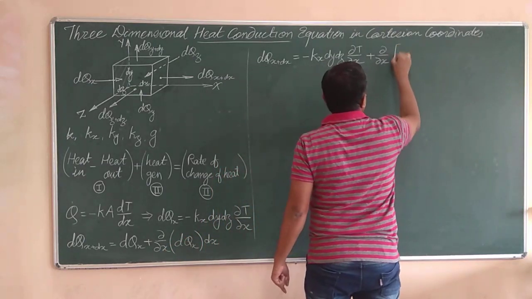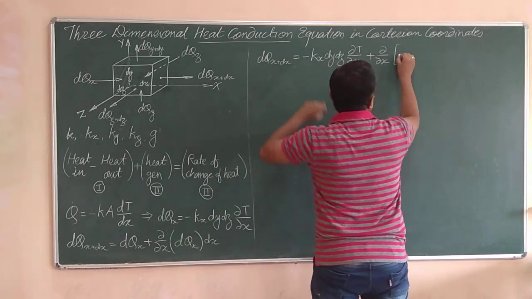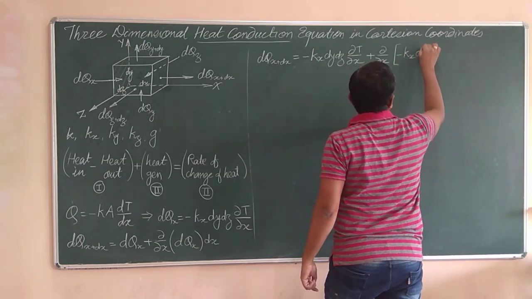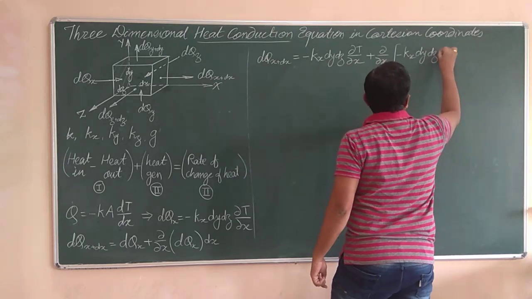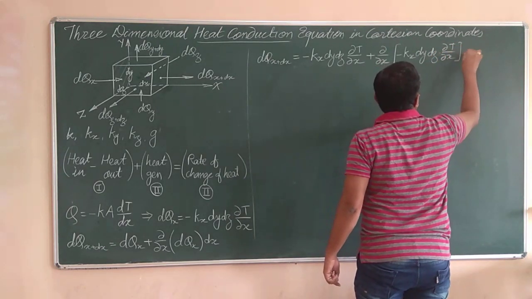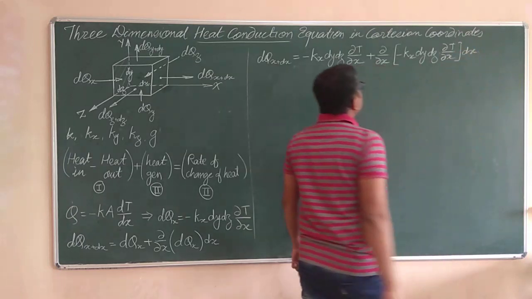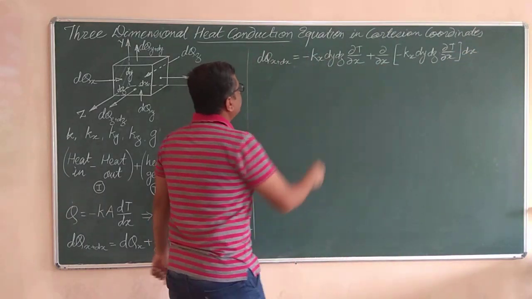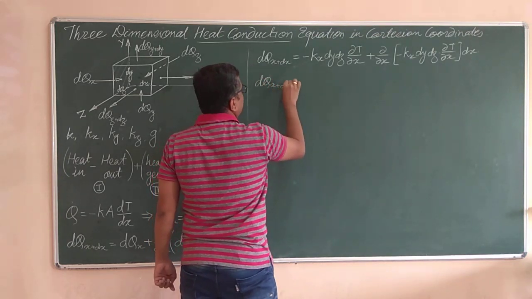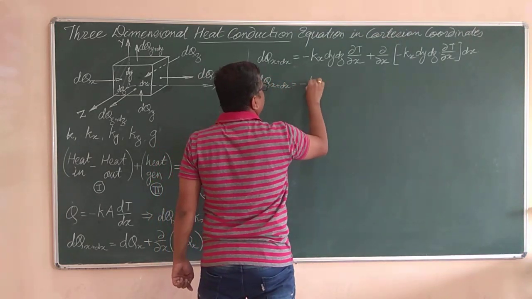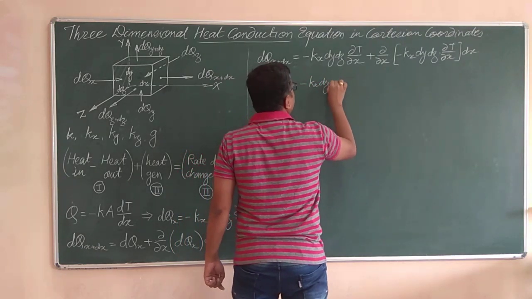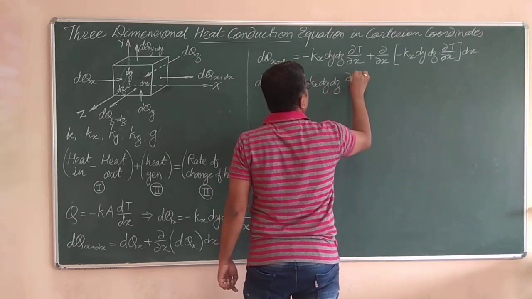So this I can write as the same term, minus kx dy dz into ∂T by ∂x over the distance of dx, right? So if I simplify it, I will get dq(x+dx) as equal to minus kx into dy dz into ∂T by ∂x.